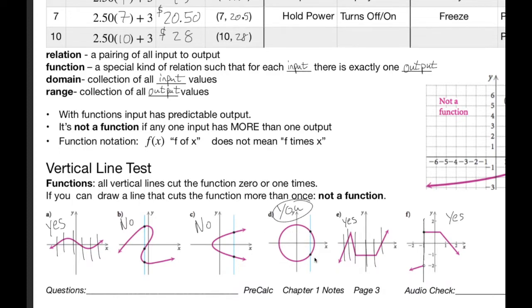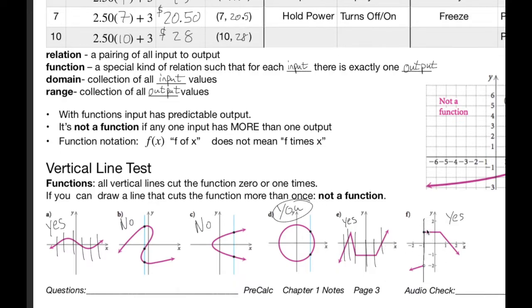I'd like you to do this one. I'll do the examples E and F first. You can see you can draw all these vertical lines, and even if it flat lines or it changes, it's still not a function. Sorry, it still is a function. Yes, it is a function. So it cuts the function 1 time for each of these vertical lines.